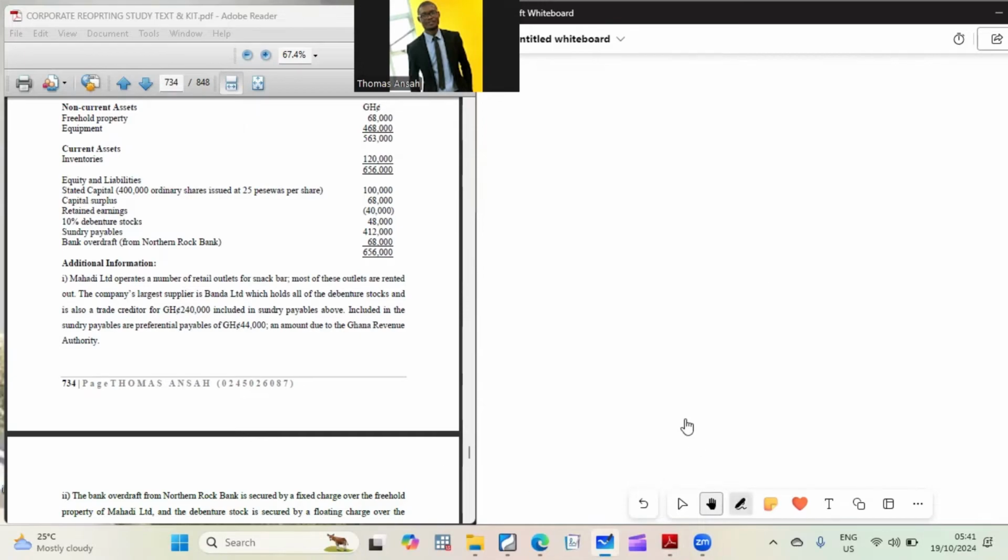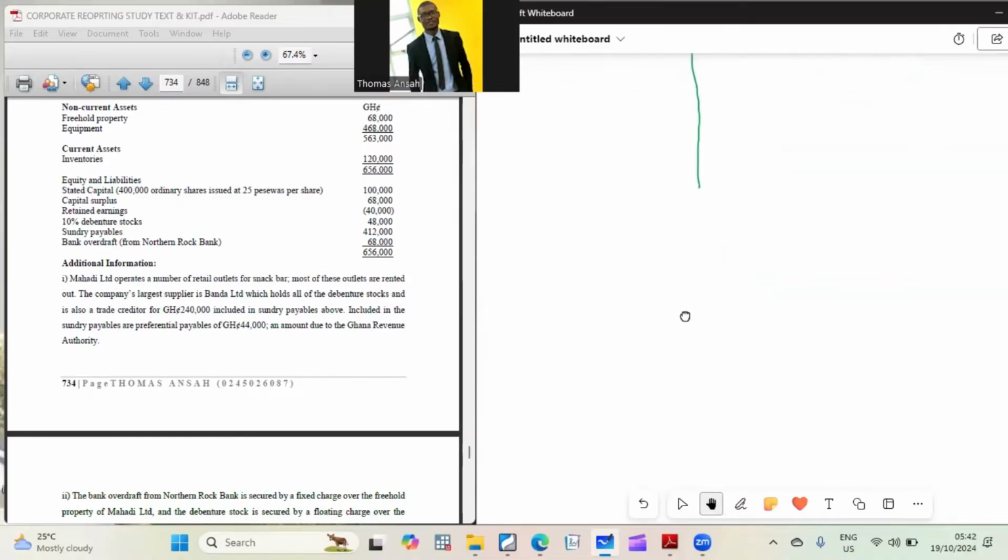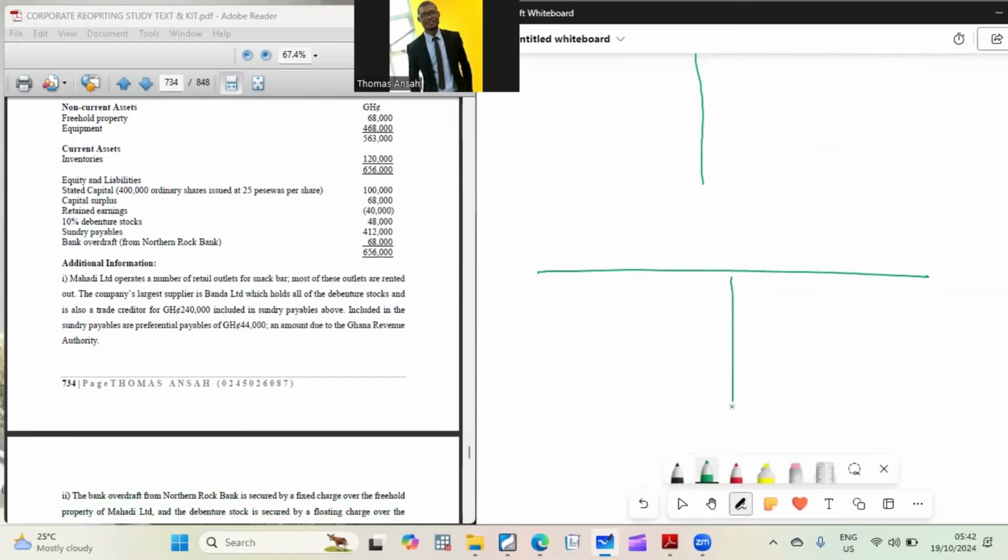So in the reconstruction, I said that the first account you need to do is your reduction account. These are workings, okay? Because normally if you don't do this one, balance sheet preparation can be a problem. Then also prepare your capital account. So look at the issues here, prepare an account for them.